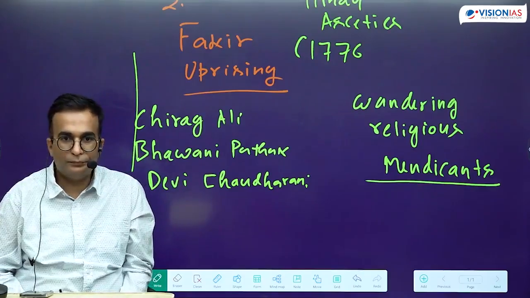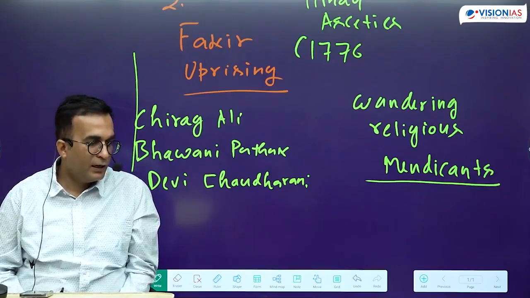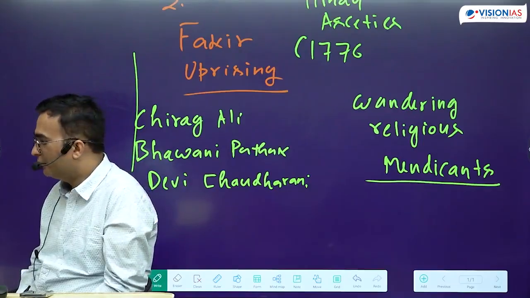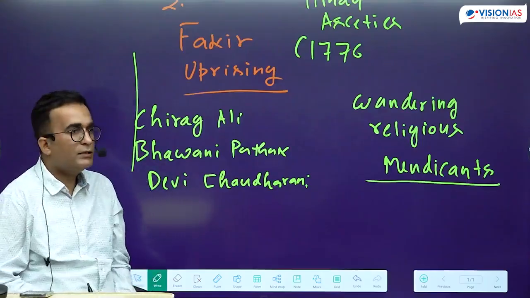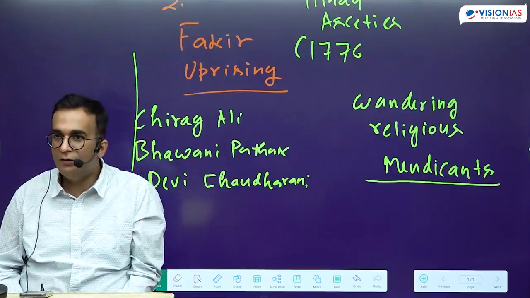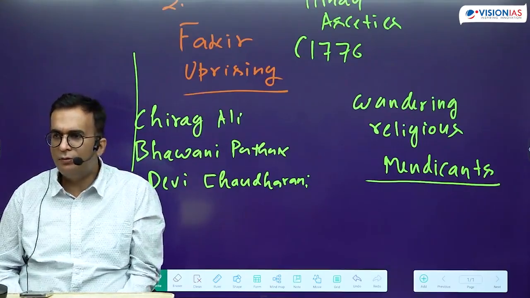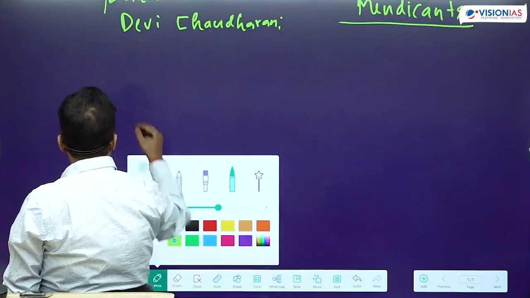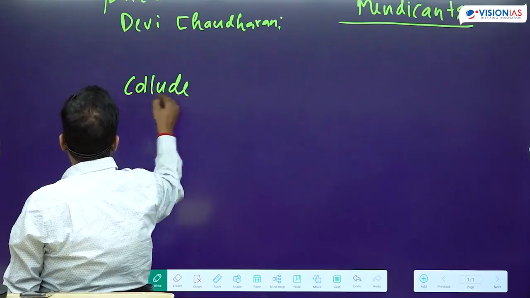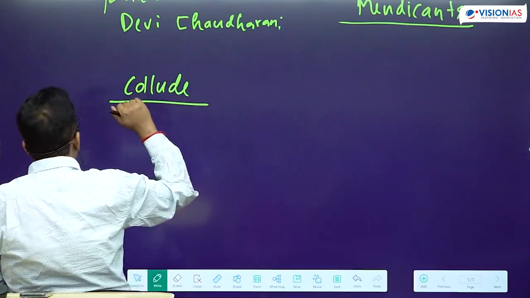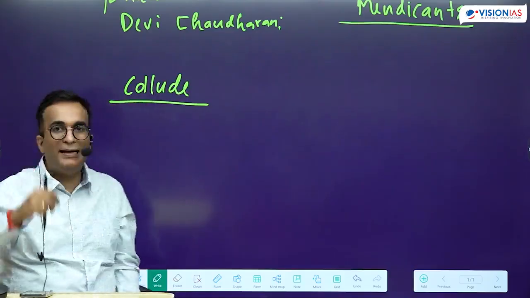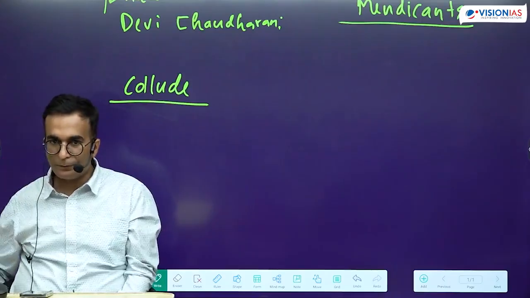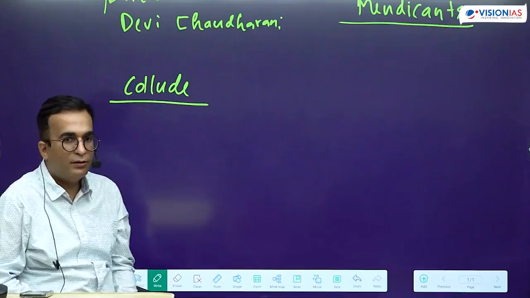Then mention: in this situation, the sannyasi and fakir of Bengal started to collude with each other and combinedly attacked British treasuries.